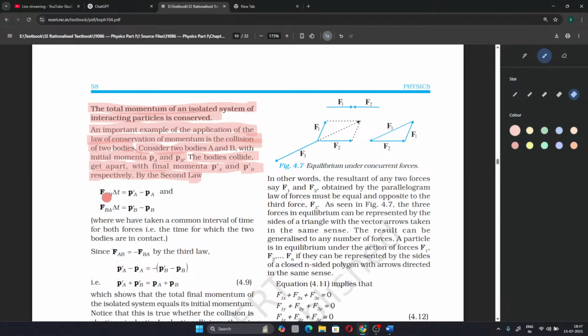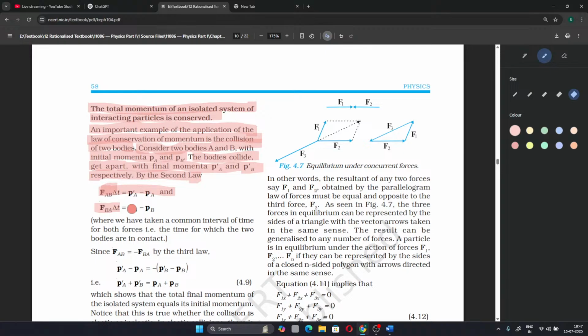By the second law, the force on A due to B times delta T, the time interval, is equal to PA' minus PA, and the force on B due to A times delta T is equal to PB' minus PB. This is the momentum change of the bodies according to the second law.